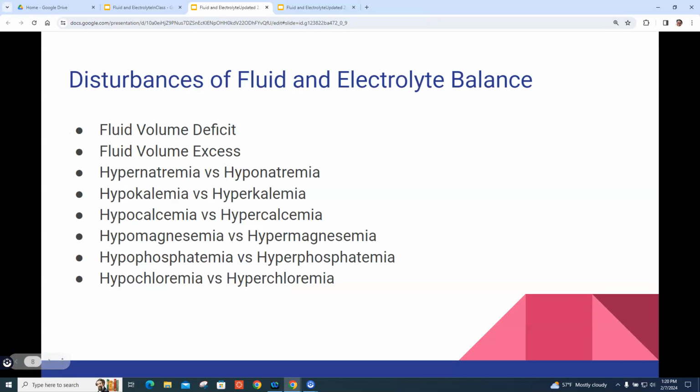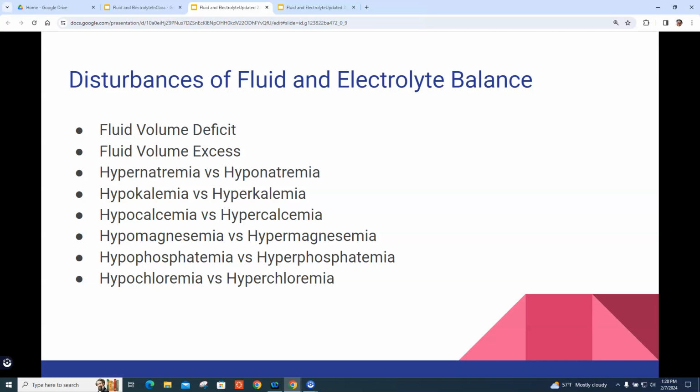So here is a list of the fluid volume and electrolyte imbalances that you're going to see. You have fluid volume deficit, which is there is less fluid volume in the body than there should be.